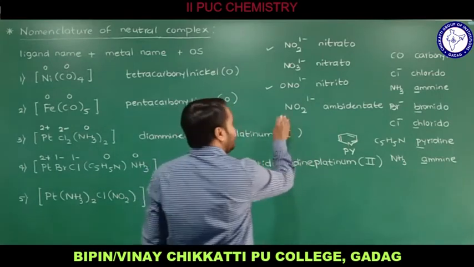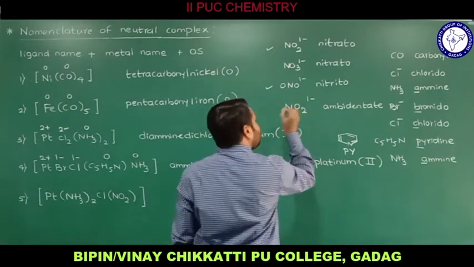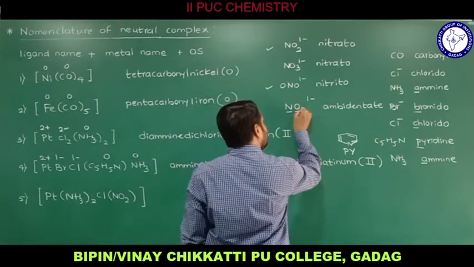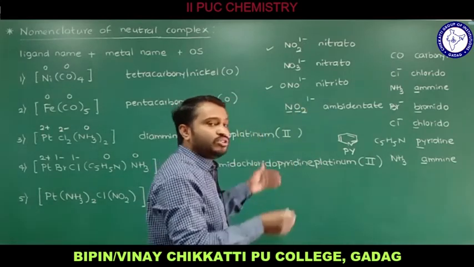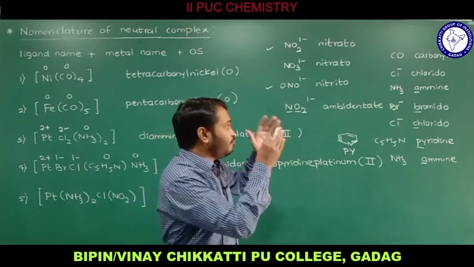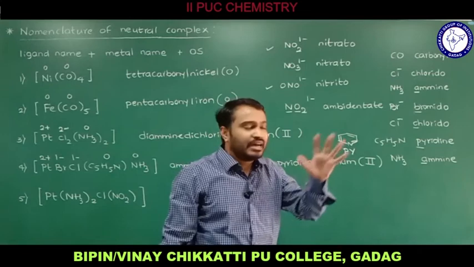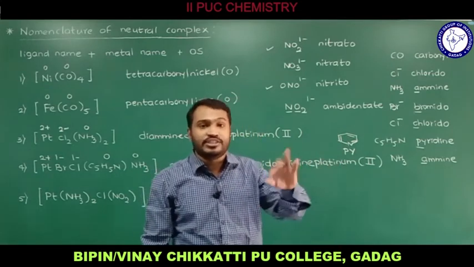In NO2, nitrogen is a ligating atom and oxygen is also a ligating atom. Since nitrogen and oxygen both contain a lone pair of electrons for donation, NO2 minus is one of the best examples of an ambidentate ligand. Some other examples are CN minus, NC minus, like that.